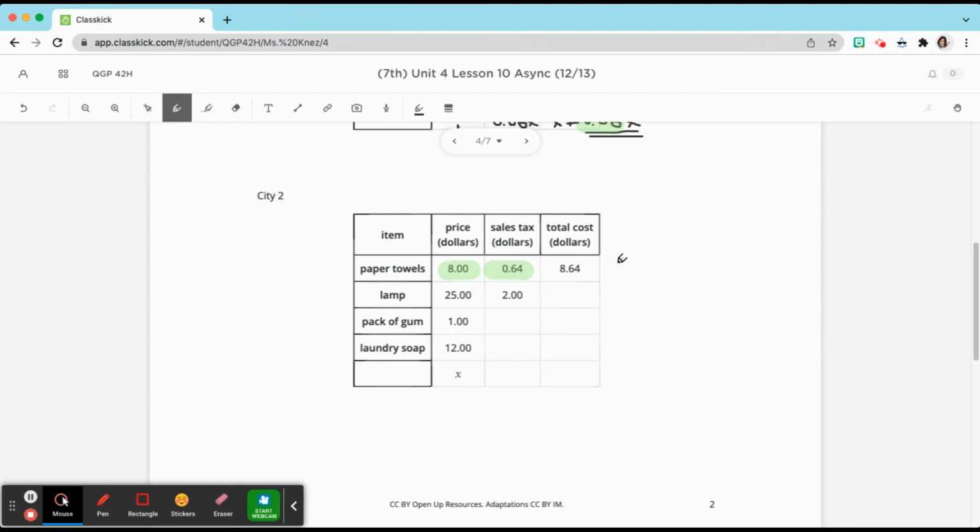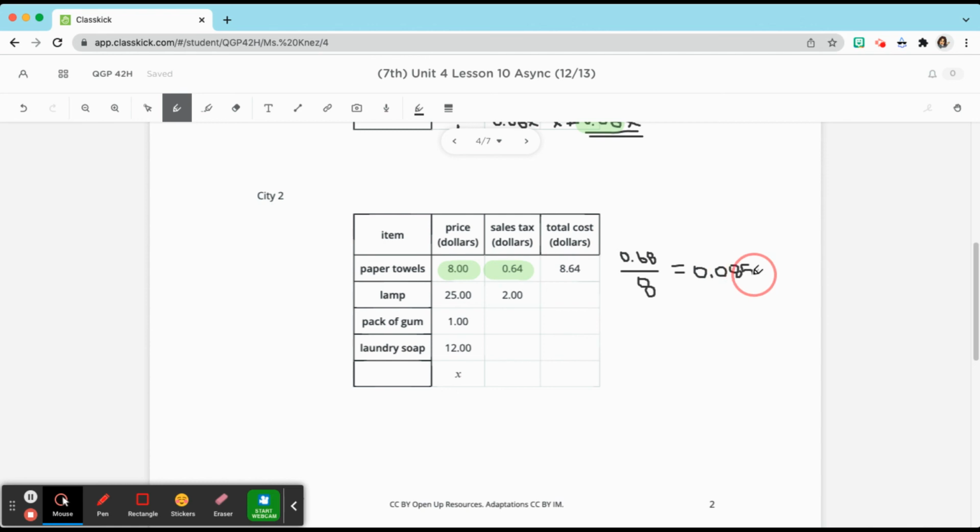In City 2, you should have calculated a sales tax by dividing the sales tax by the price in dollars. And you could have done it with either row of the table that was given to you. Regardless of which two numbers you used, your sales tax was 0.085.